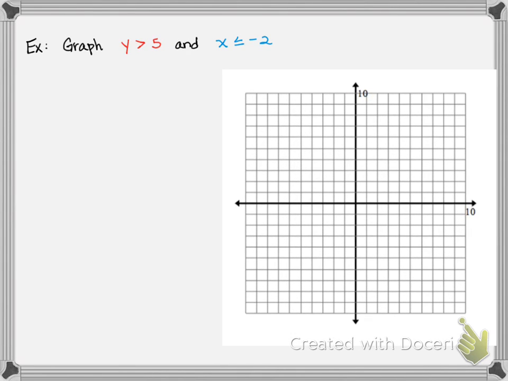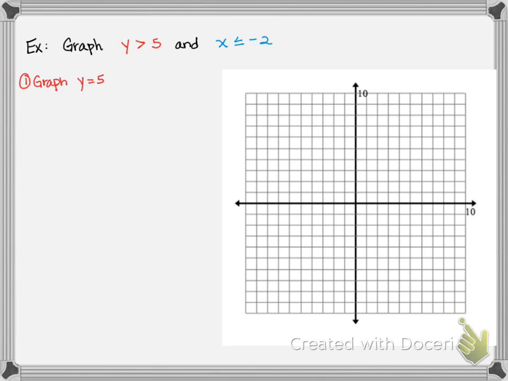What does the line y equals 5 look like? It's a horizontal line. Yeah, it's a horizontal line, right? The line containing all points with the same y value means that every point on the line is the same height, and so it's really just a horizontal line that's 5 units up.